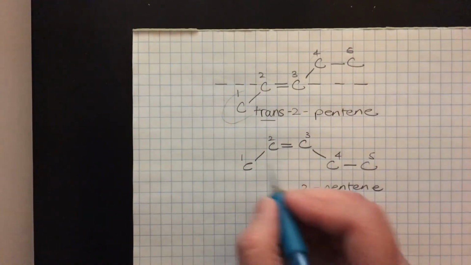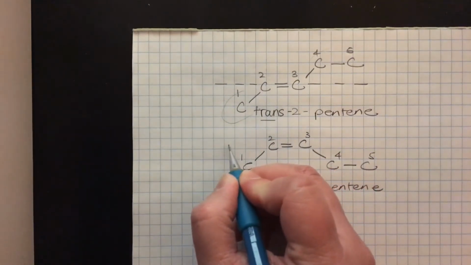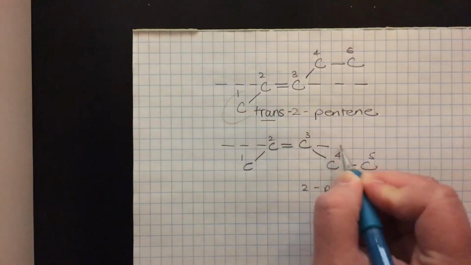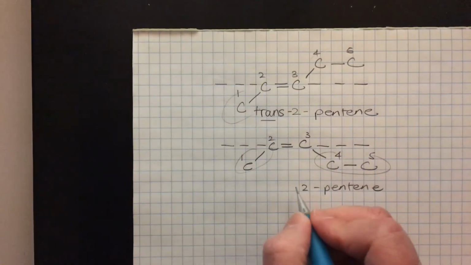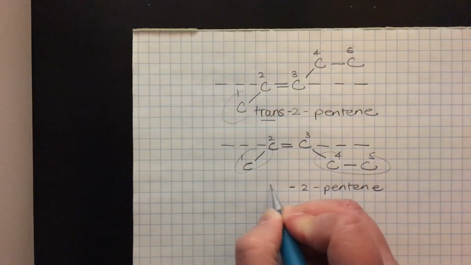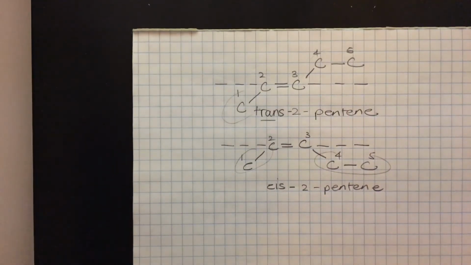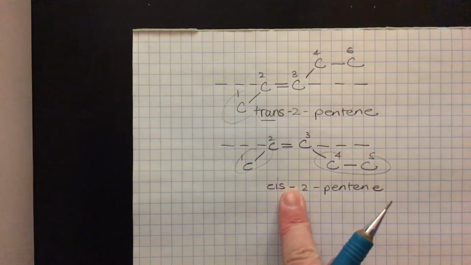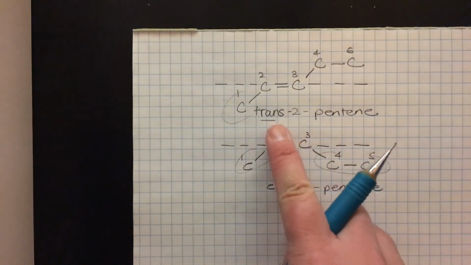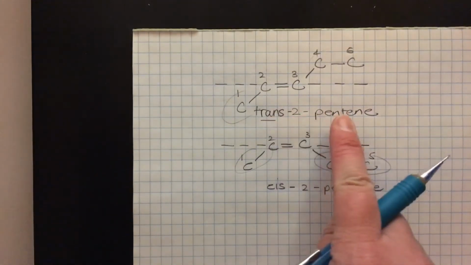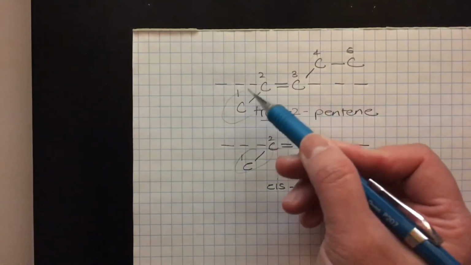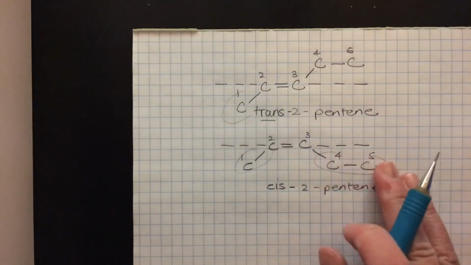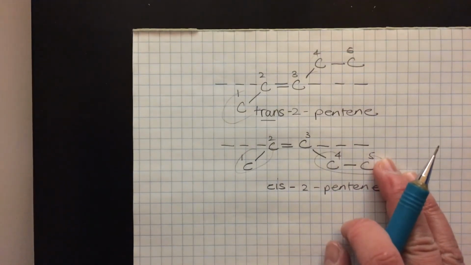And then over here, if I was to draw a plane right here, these are on the same side. To indicate that they are the same, we use the term cis. So this is cis 2-pentene, and this is trans 2-pentene. This will tell you the way that the main chains are oriented around that double bond.